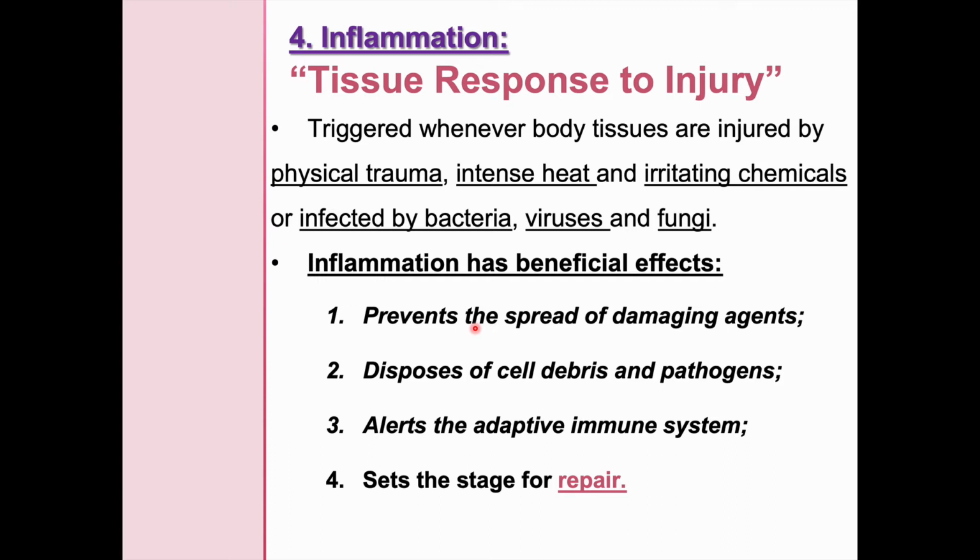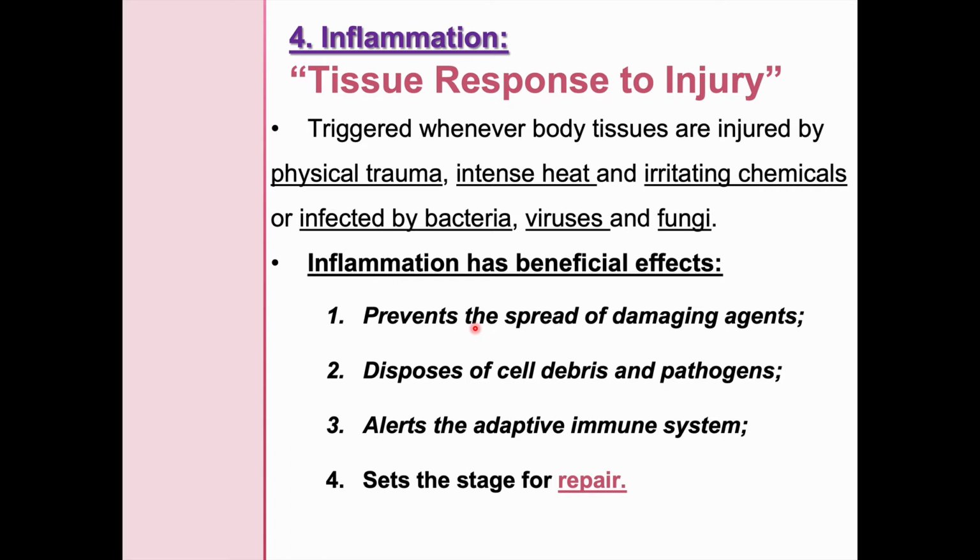For example, whenever there is a bone fracture, the muscles around the fracture site go into severe spasm. This is also one of the defense mechanisms. Whenever there is a bone fracture, an inflammatory process takes place during healing. This inflammation leads to the formation of microscopic blood vessels and callus tissue. If the inflammation is not present in the body, then healing doesn't take place.